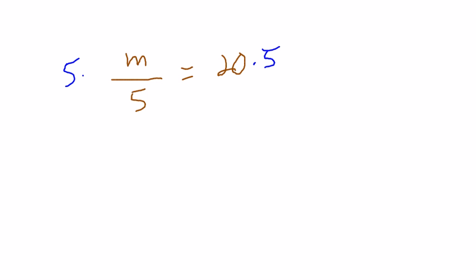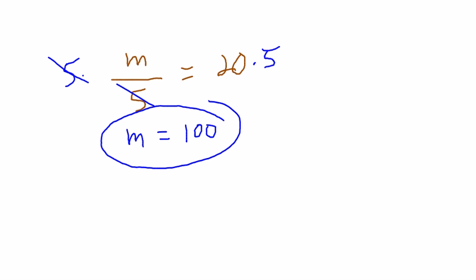On the left side of our equation, 5 divided by 5 is simply 1, so we are left with m equals 20 times 5 is 100. And we will do our check. 100 divided by 5 should equal 20, and it does.